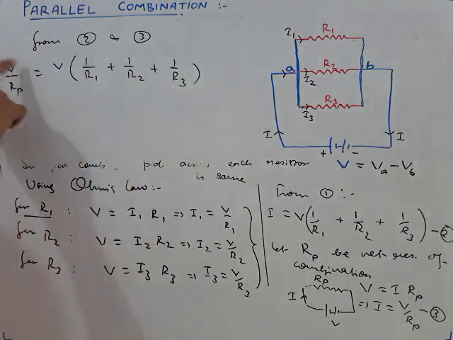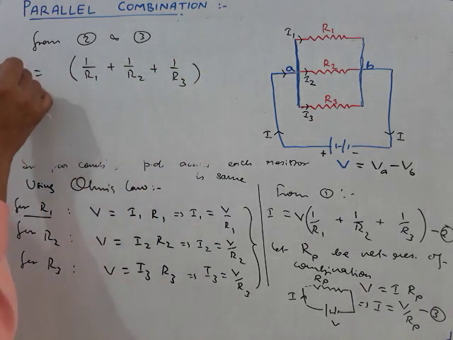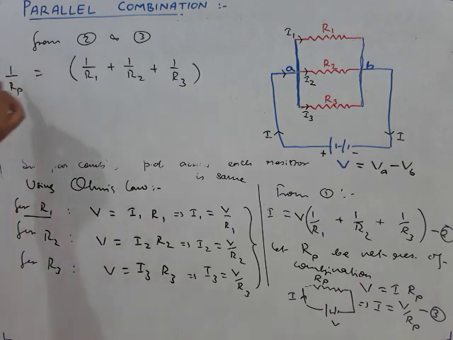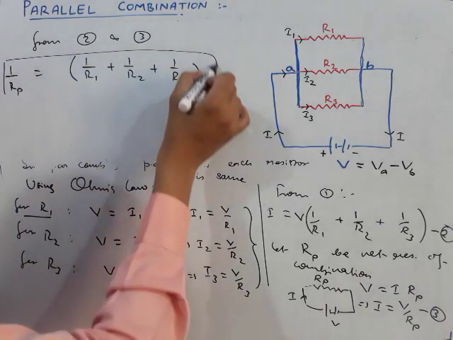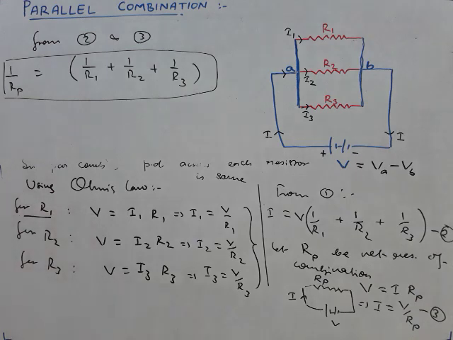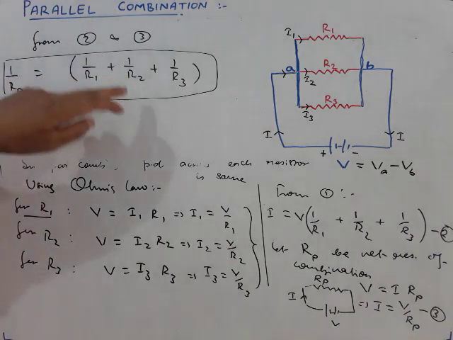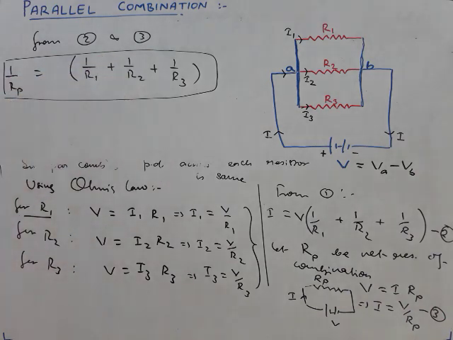So V will cancel from both sides. So what will be left is this. And this is the formula for equivalent resistance for a parallel combination of 3 resistors. If we have only 2 resistances, the formula will be 1 by Rp is 1 by R1 plus 1 by R2. And likewise for n resistors also we can write the equation.